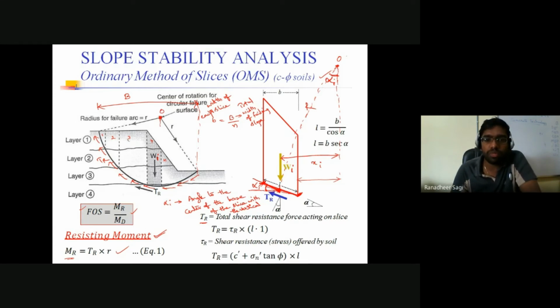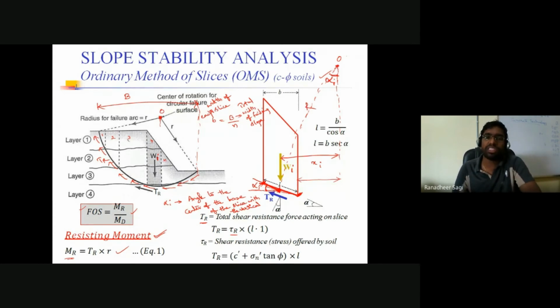So how much is your total shear resisting stress? What does this total shear resisting stress mean? It is nothing but the shear strength of the soil. How much is the shear stress getting resisted? It's nothing but the shear strength of that particular soil, which exists along that particular failure surface. So that defines your shear resisting stress into the area on which that particular shear resisting stress exists.